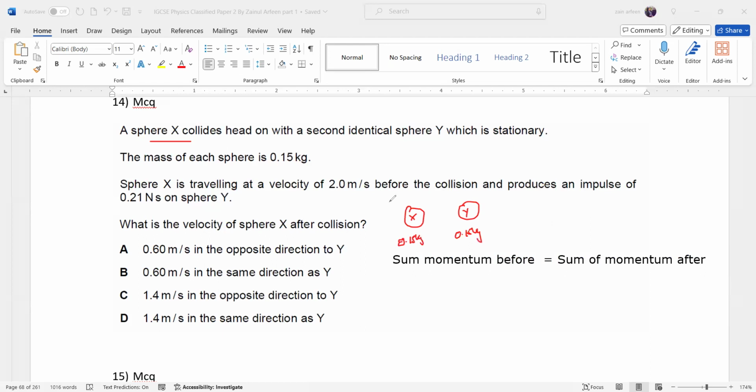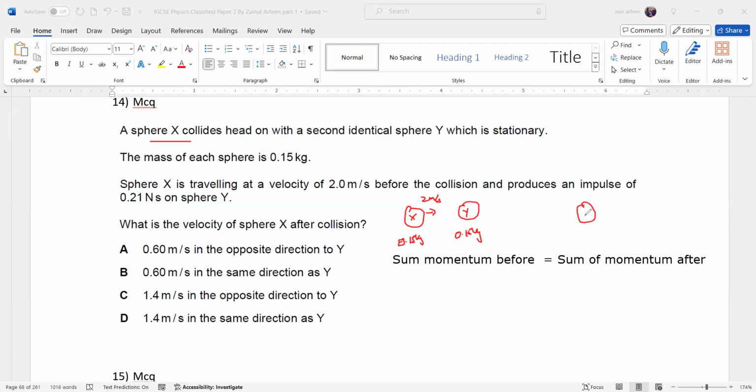Sphere X is traveling at a speed of 2 meters per second. And the impulse of 0.21 Newton second, which means the change in the momentum. The change in momentum for Y is 0.21. What is the velocity of X?